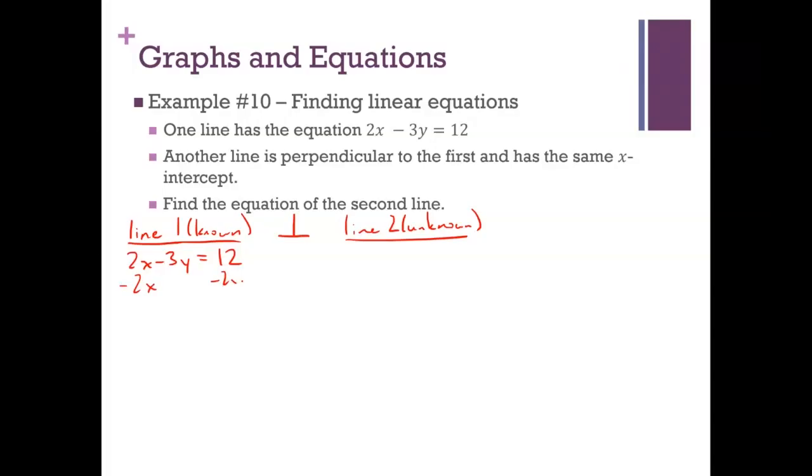Subtract 2x from either side. So negative 3y equals negative 2x plus 12. Then divide by negative 3. So I get y equals positive 2/3 x minus 4.